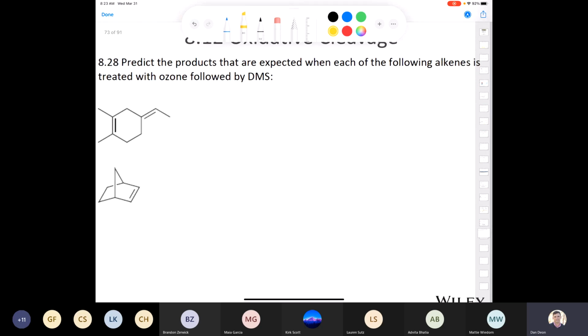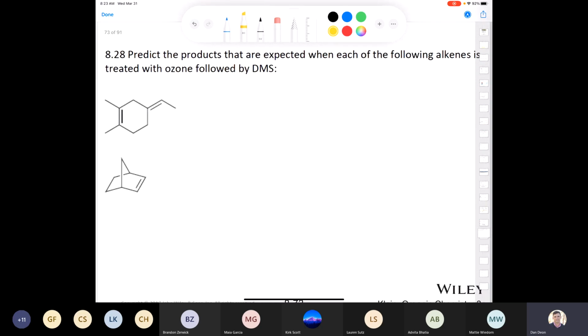Let me demonstrate it one more time here for you. So 8.28 says just predict the products. If we treat the molecule with ozone first, O3, followed by DMS. So if I draw this molecule a lot bigger, this is kind of a ridiculous size, but whatever. Here we go.